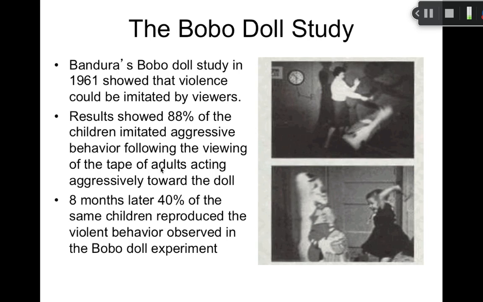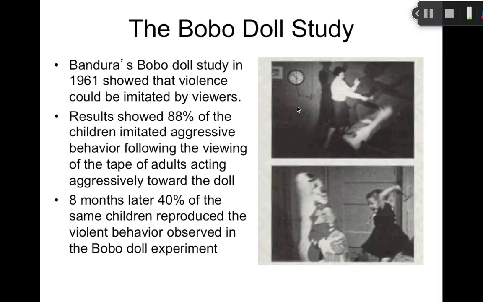And Bandura conducted this famous Bobo doll study, which we visited in Chapter 6 on learning, where children were exposed to an aggressive and a non-aggressive model, then they were allowed to free play. It was found that the kids who had viewed the aggressive model acted much more aggressively than kids who had seen the non-aggressive model.